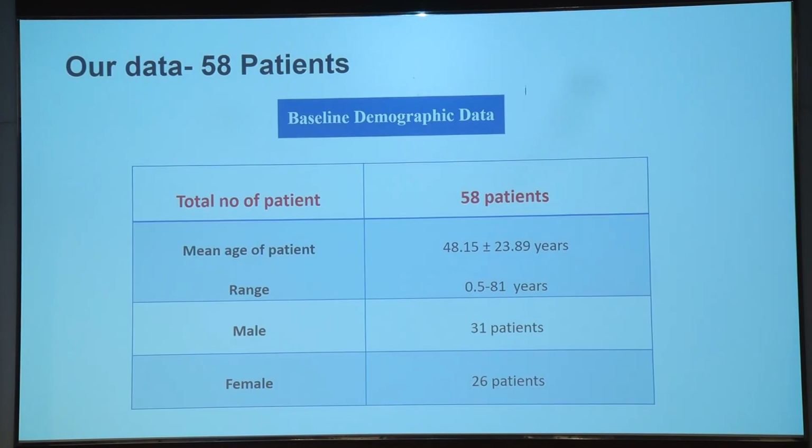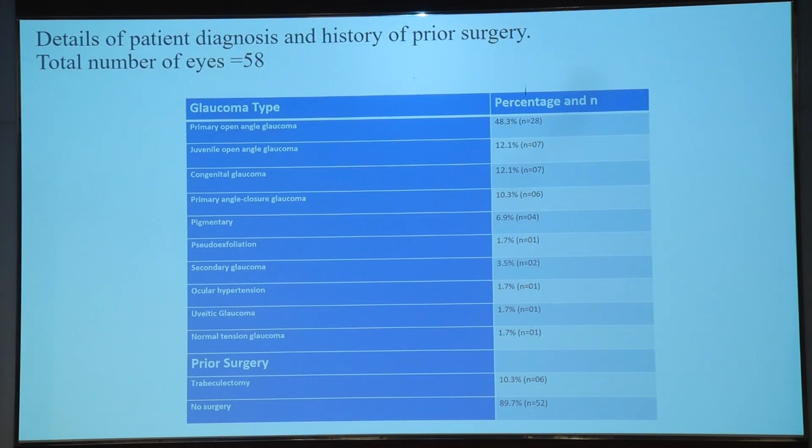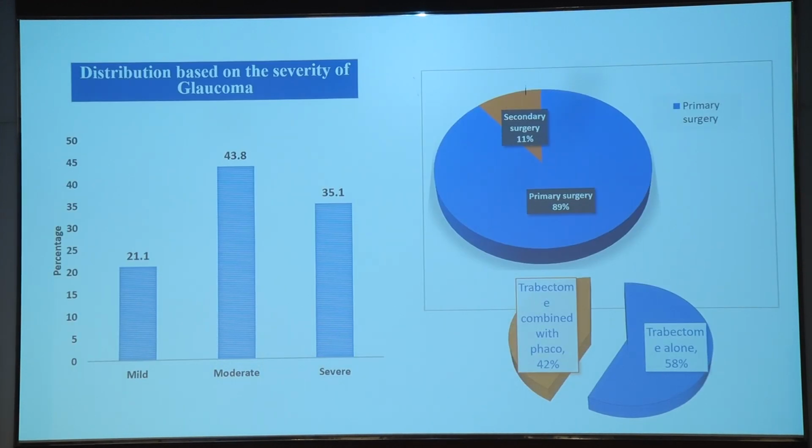So I'll just say in short about our data. It's going to be published in IJO. We did 58 patients and we followed them up to 1 year, and all types of glaucomas were included, including congenital glaucoma. So I also included about 35% of severe glaucoma.